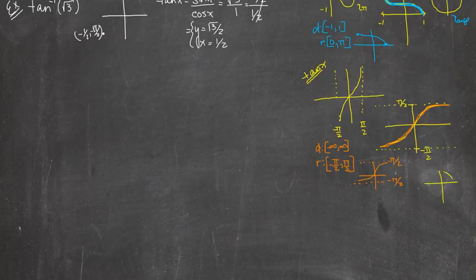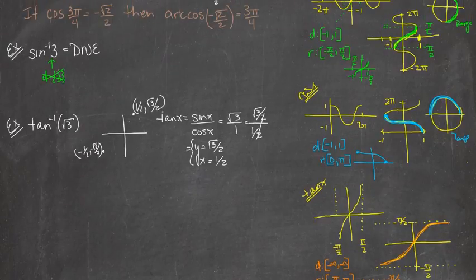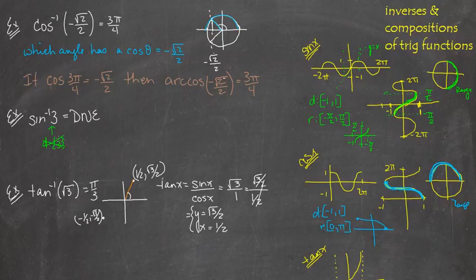For the range of our inverse tan values, our outputs are only negative pi over 2 to positive pi over 2. And in our problem, the only angle that fits that is this first angle here. So I know that the inverse tan of the square root of 3 equals the angle 60 degrees or pi over 3. Whew, that is enough of that. I am going to put compositions of trig functions on the next video.